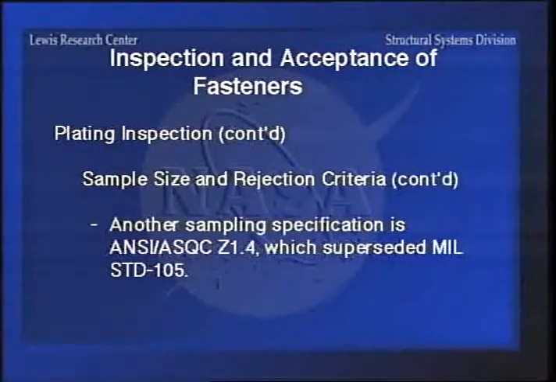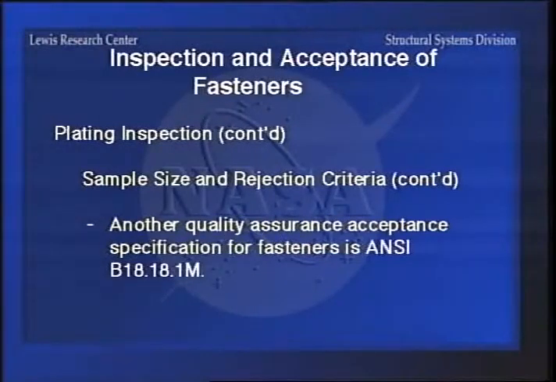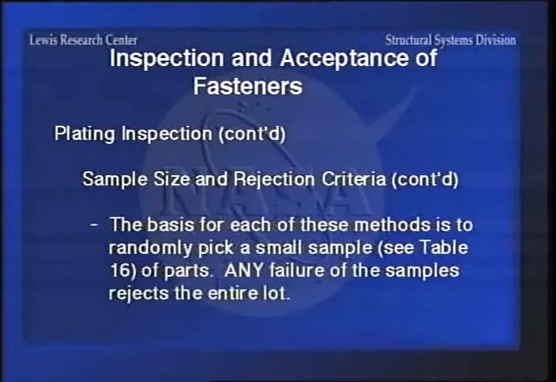Another one is given in this ANSI ASQC Z1.4, which superseded Mill Standard 105. And then we have ANSI Spec B18.18.1 that gives some sampling techniques. The basis of all of these is to randomly pick a small sample, and any failure of the samples rejects the whole lot.